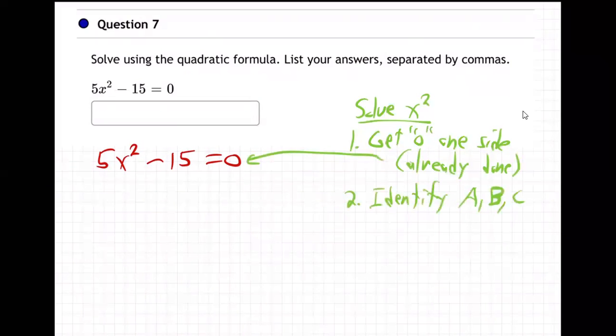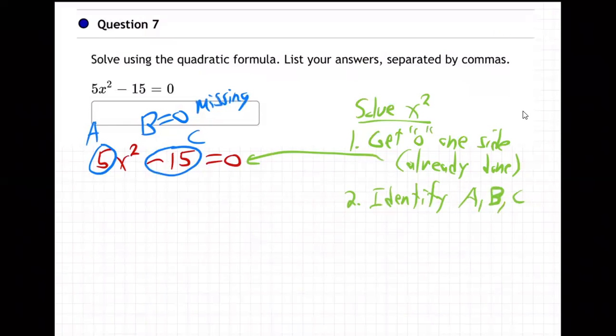Well, let me help. Really, this is A, and I don't know if you know it, but this is C. B equals 0 because it's missing. Does that make sense? B equals 0 because it's missing.